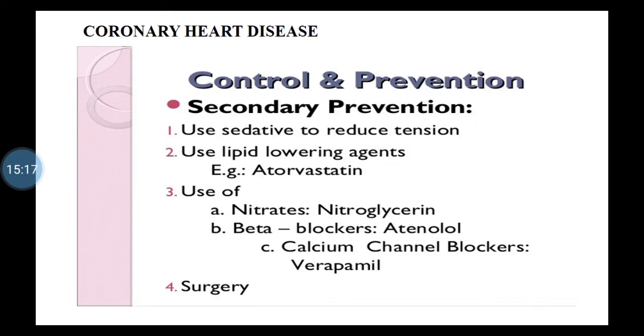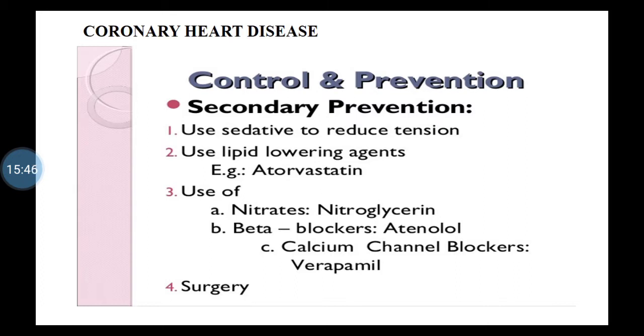Then, secondary points under prevention are the use of sedatives to reduce tension. To avoid stress and strain in life, many times the person has to take some sedative drugs, so that he must have calm and quiet sleep. Then he must also use lipid lowering agents, for example the drug atorvastatin.